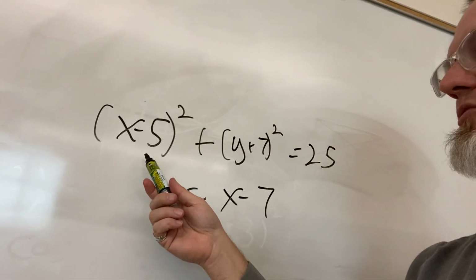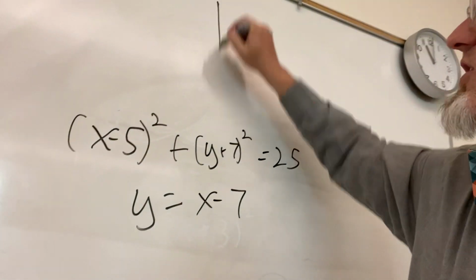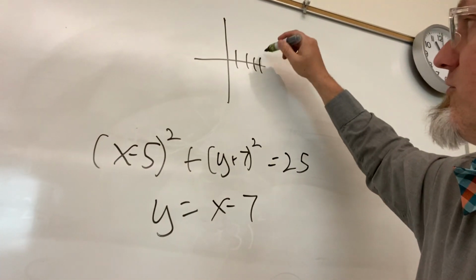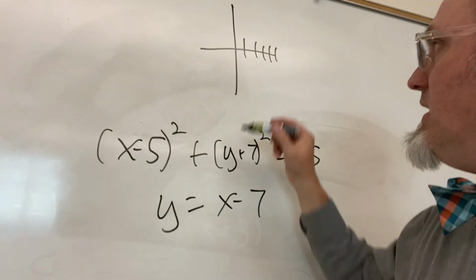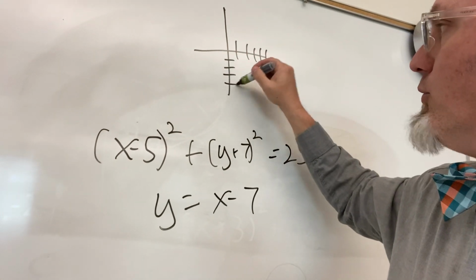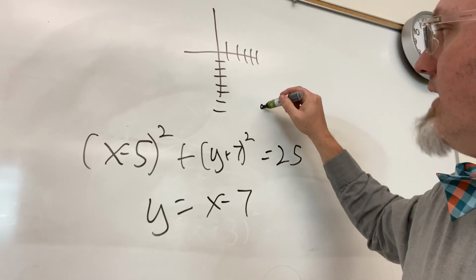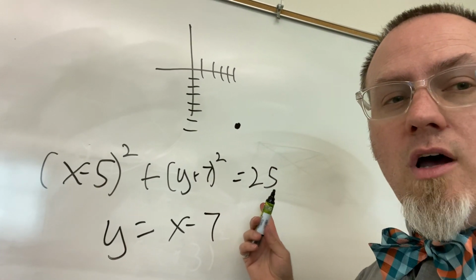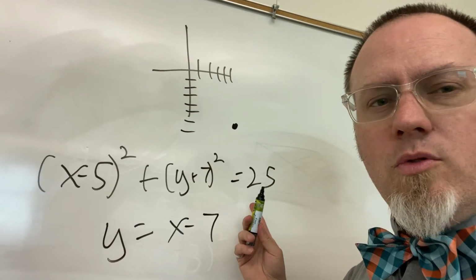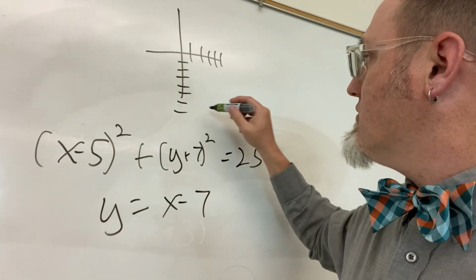So the x minus 5 means my center point is over 1, 2, 3, 4, 5. And then the y plus 7 means it's down 1, 2, 3, 4, 5, 6, 7. So I have a center of my circle here, and my radius is the square root of this number over here. So this is 25, so my radius is 5.